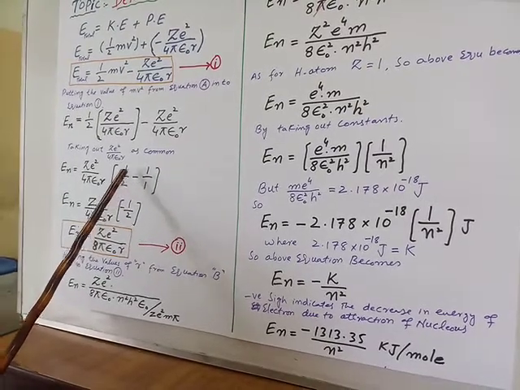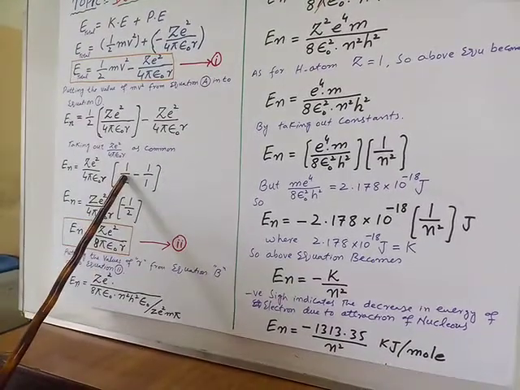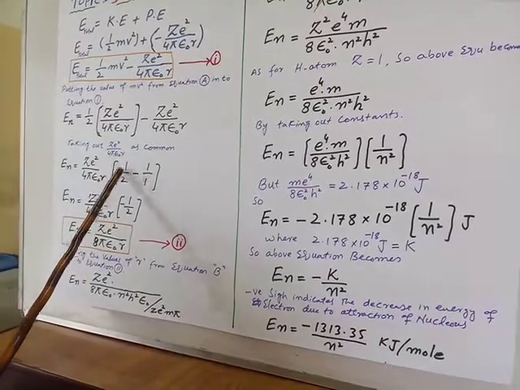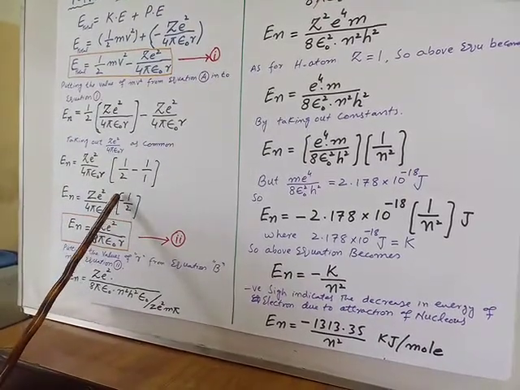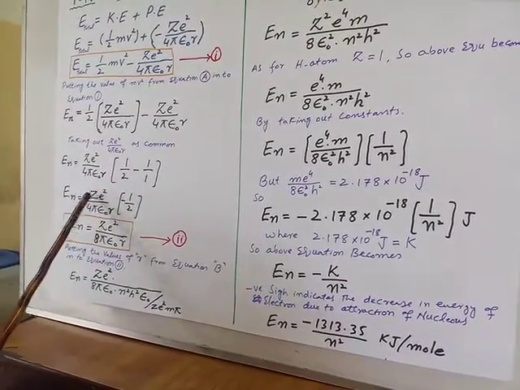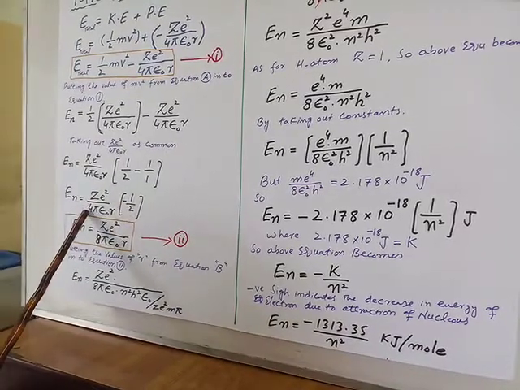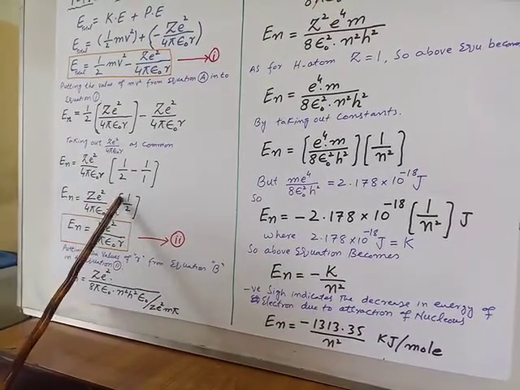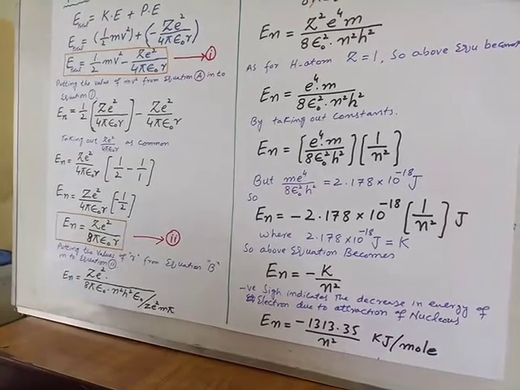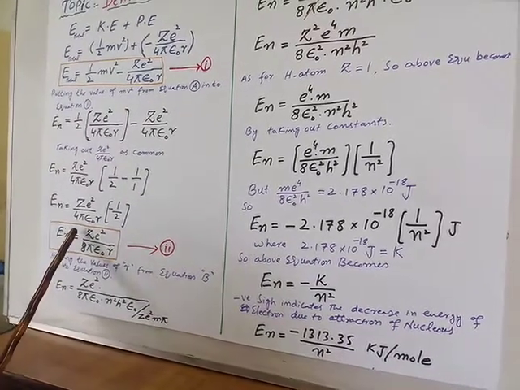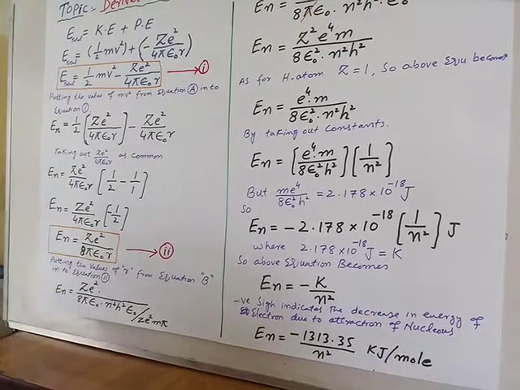When we subtract 1 by 2 from 1, we always get minus half. Multiply this minus half with this: 4 twos are 8, and this minus comes here. So put the minus sign here.